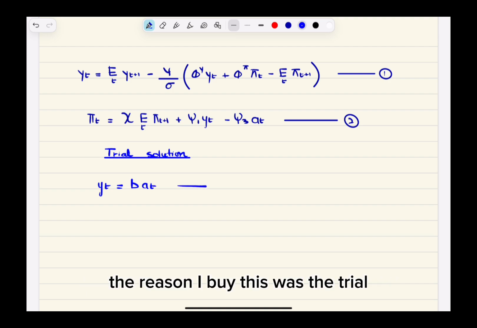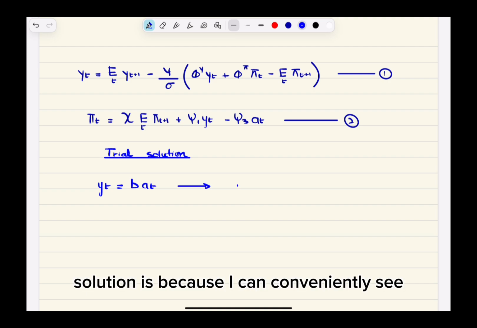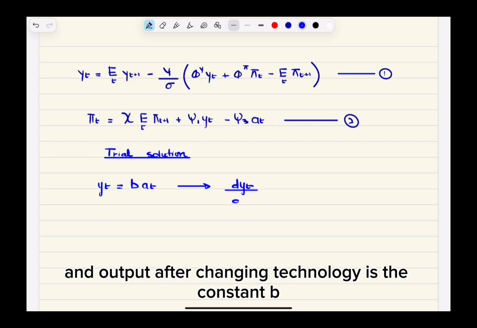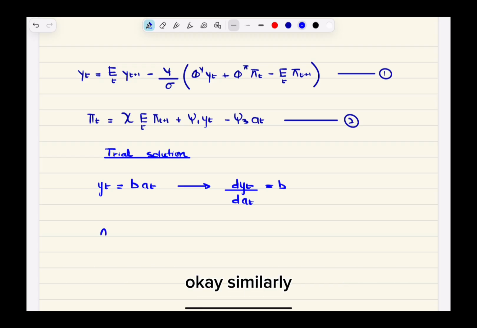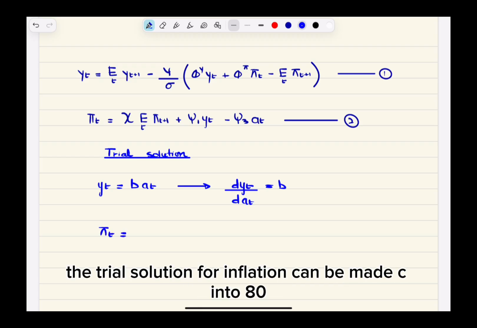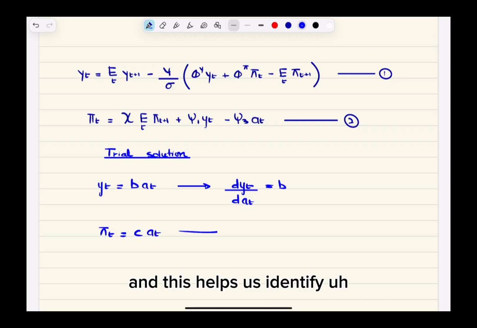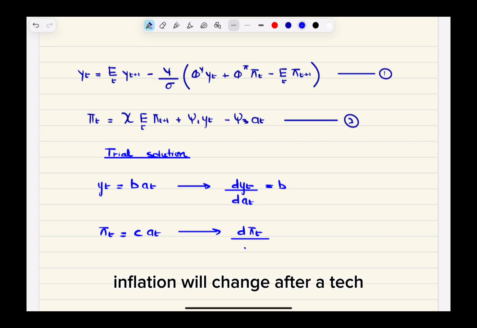The reason why this was the trial solution is because I can conveniently see the change in output after changing technology is the constant b. Okay, similarly, the trial solution for inflation can be made c a_t, and this helps us identify how inflation will change after a shock in technology.